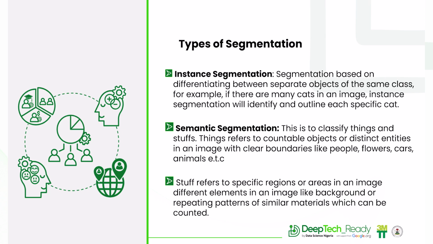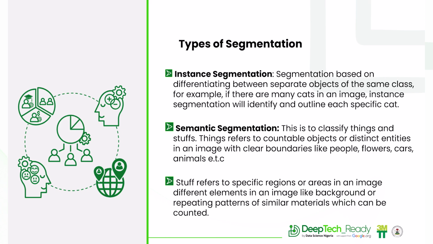So that is what semantic segmentation is all about. So in this case, all we are concerned about with respect to semantic segmentation here is that, in instance segmentation, you have objects of the same class, but you are distinctly trying to identify object of the same class separately. But in semantic, you are literally classifying all cats to be cats. You are just trying to give them the same segment. They all belong to the same segment. So cats are different from cars, they are different from animals, they are different from flowers.